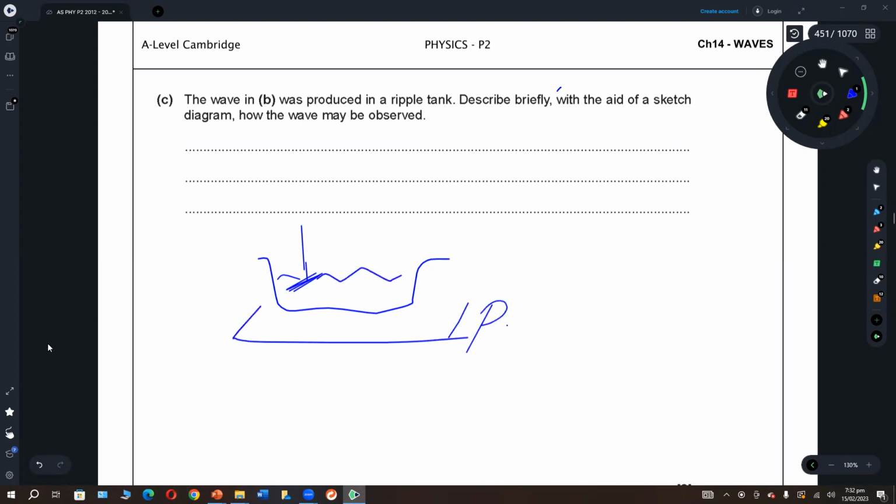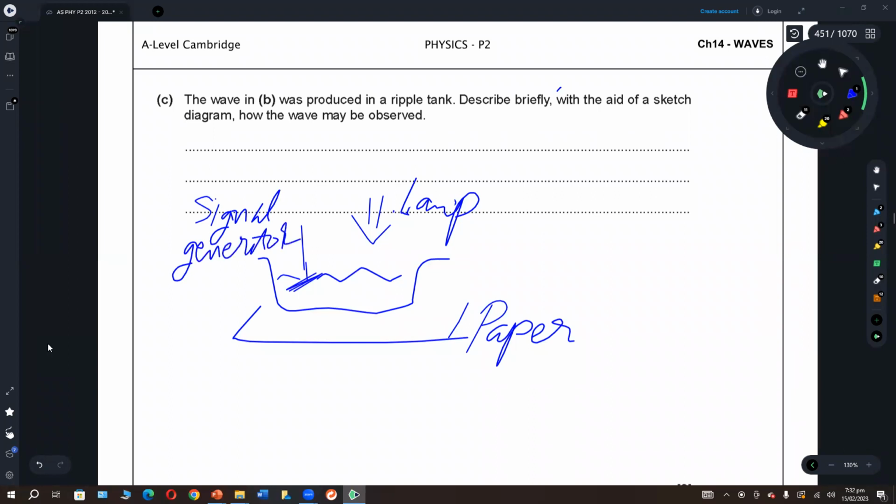Below the tray, there is a paper sheet, and above the tray, there is a lamp. We used to run it with an instrument called a signal generator. This is a rough diagram, and you should draw it with me.